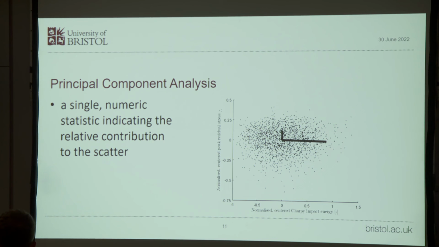Which one is more important? And this principal component analysis can tell you that. And you wouldn't be surprised to know that this line here says your Charpy impact test has a lot more to do with the variability in the toughness than your residual stress variability.